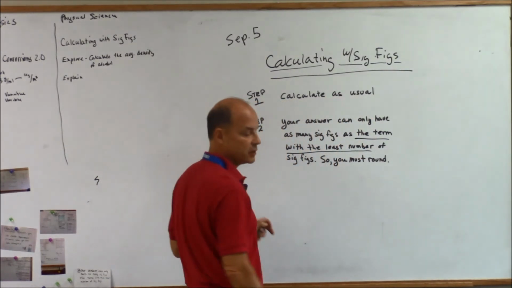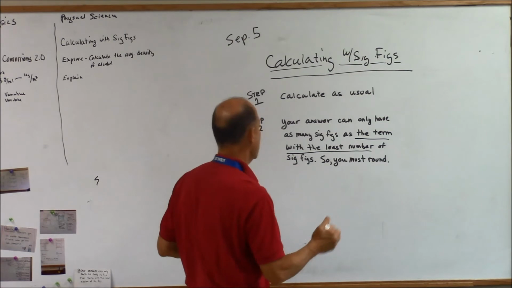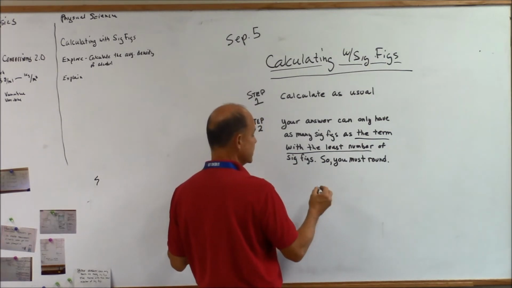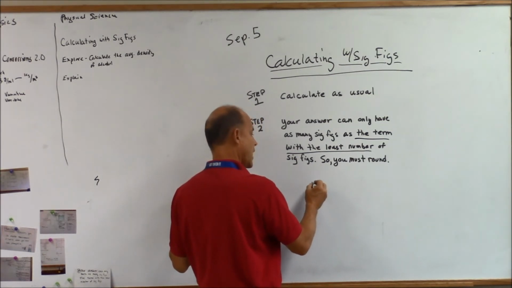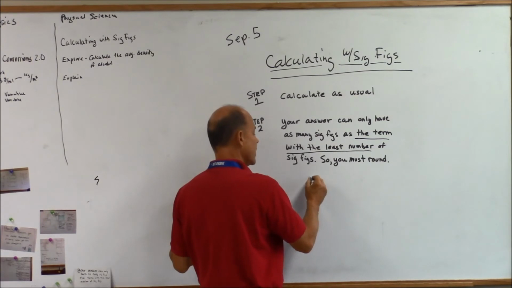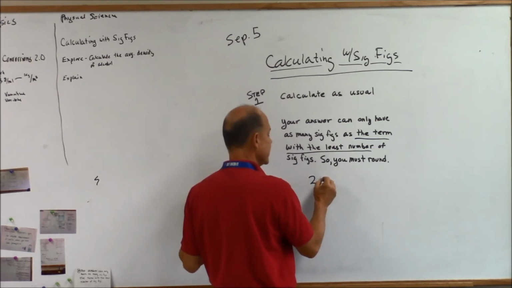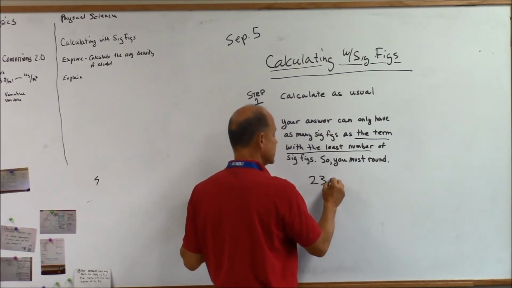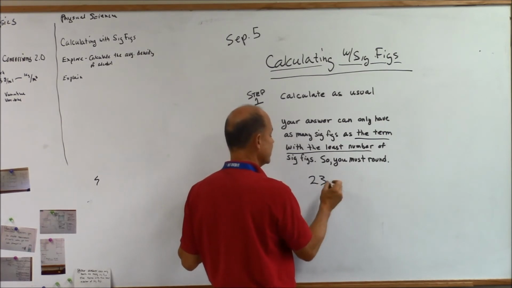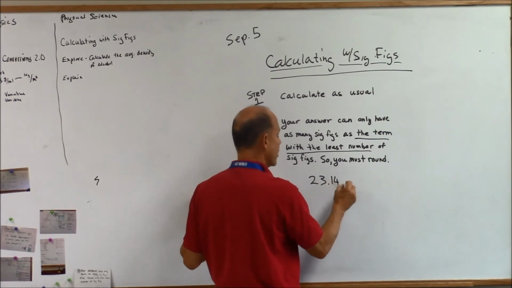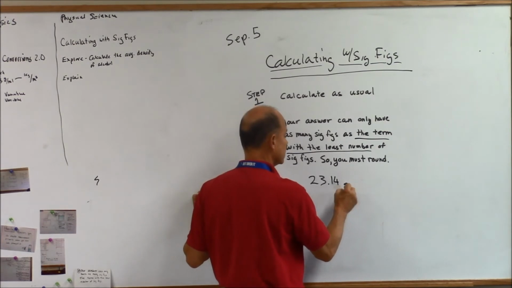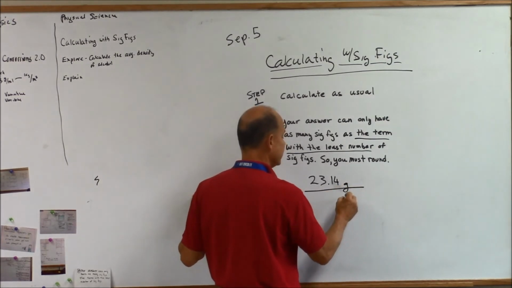Let's do one like your density calculation. Say we are measuring the density of water, and we mass the water at, I hope this works out with a lot of numbers in your calculator, let's just say 23.14 grams, if we did it on a triple beam balance, divided by some volume measurement.